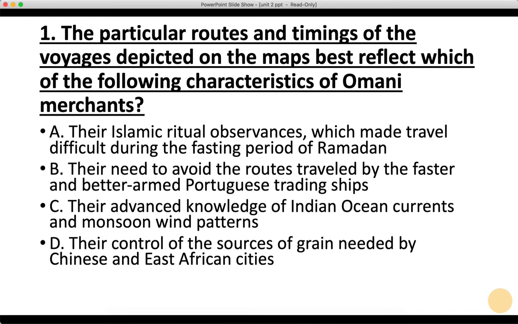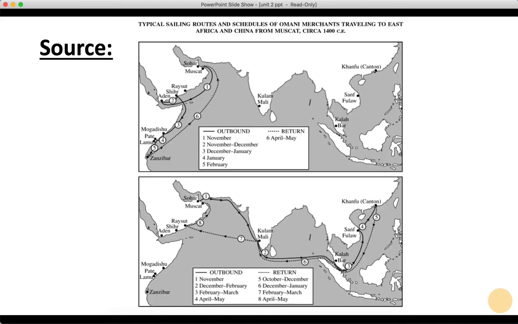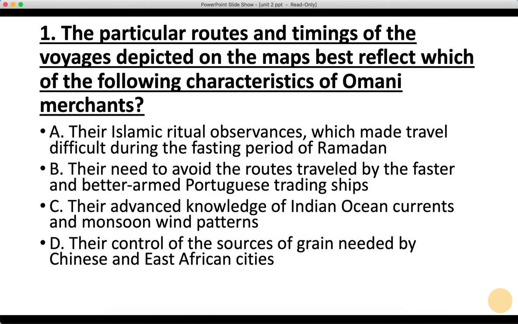The particular routes and timings of the voyages depicted on the maps best reflect which of the following characteristics of Omani merchants? Right, so look back. Do you have to think about where is Oman? Unfortunately, you still need to know geography, even for world history class.